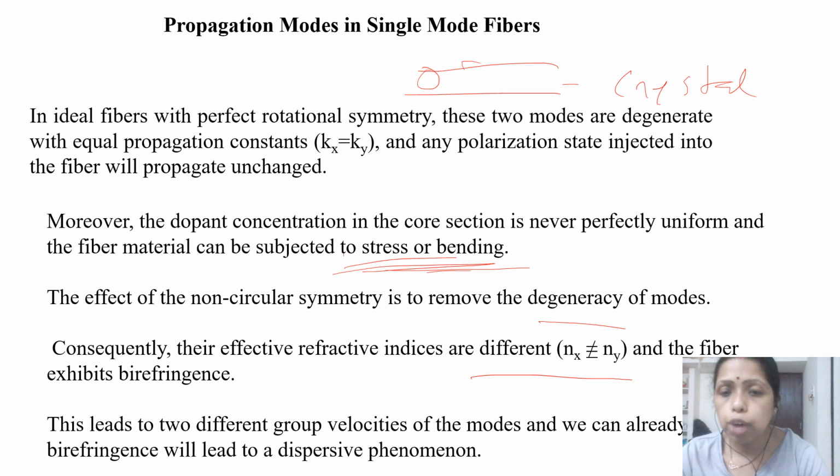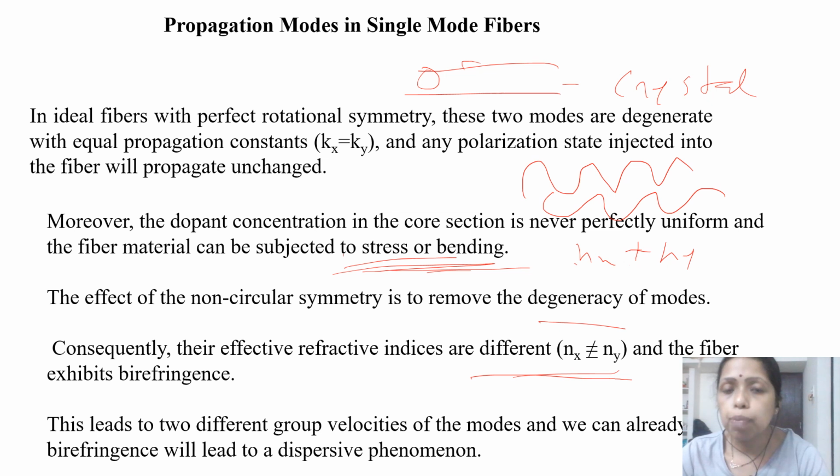Okay, so at that time what will happen? Degenerate mode means suppose the vertical polarization wave is like that, and the horizontal polarization wave is like that. There will be a phase difference between these two waves. Then Nx will not be equal to Ny. Conversely, if there are some imperfections, the refractive index will not be symmetric at each point of the optical fiber.